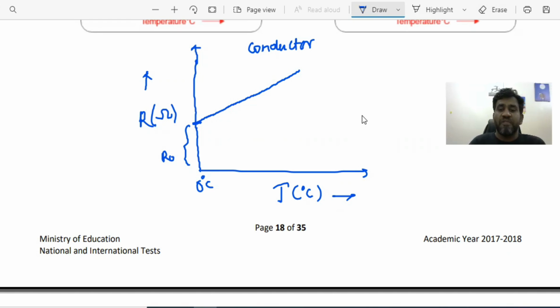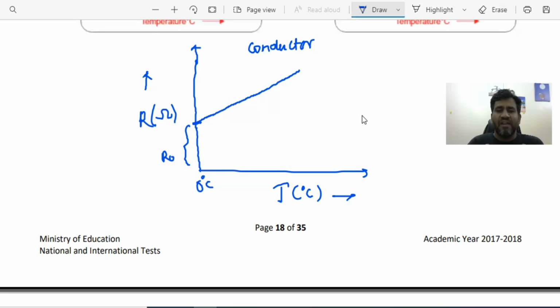But now what happens if you heat those conductors? The number of free electrons starts increasing. If you heat the conductor, the electrons which were bonded with the atoms gain thermal energy, that is, heat energy.